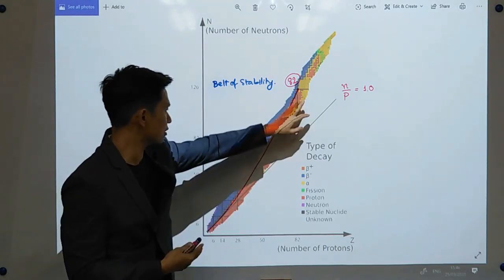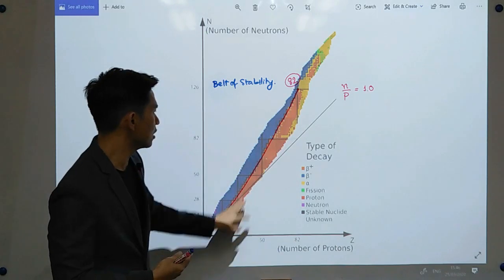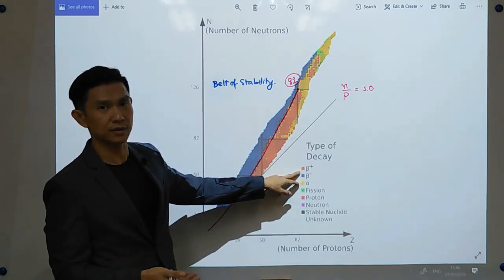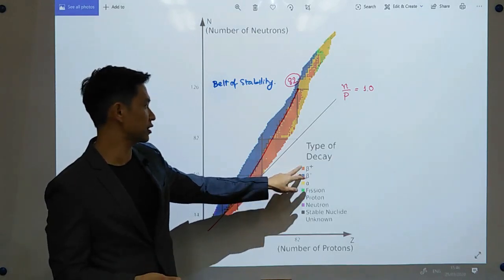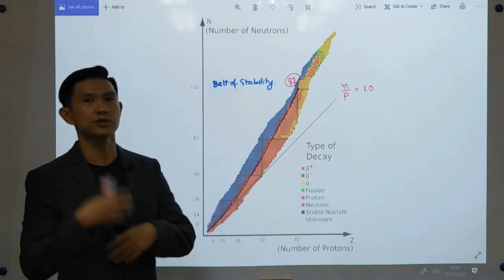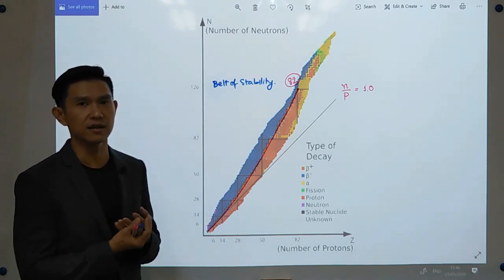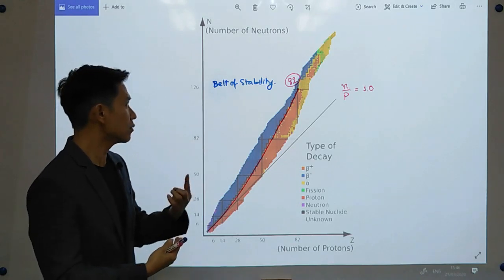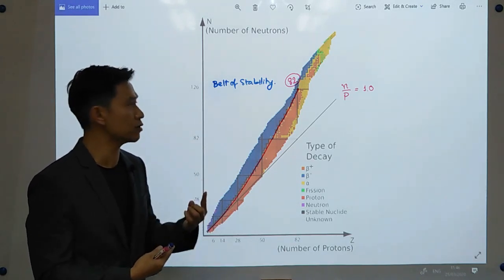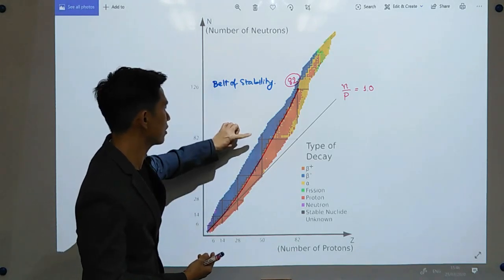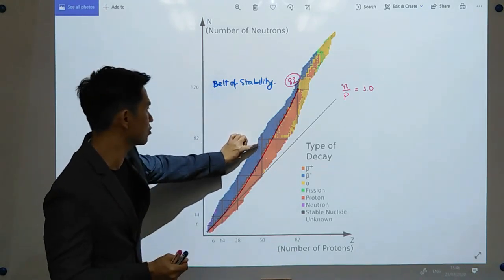And the decomposition of this kind of element will emit beta plus as a byproduct. This is the radiation. But if there are too many neutrons, as you can see there are interchangeable properties of neutron and proton. So too many neutrons is also not very good. If you have too many neutrons, you have to get rid of those neutrons.